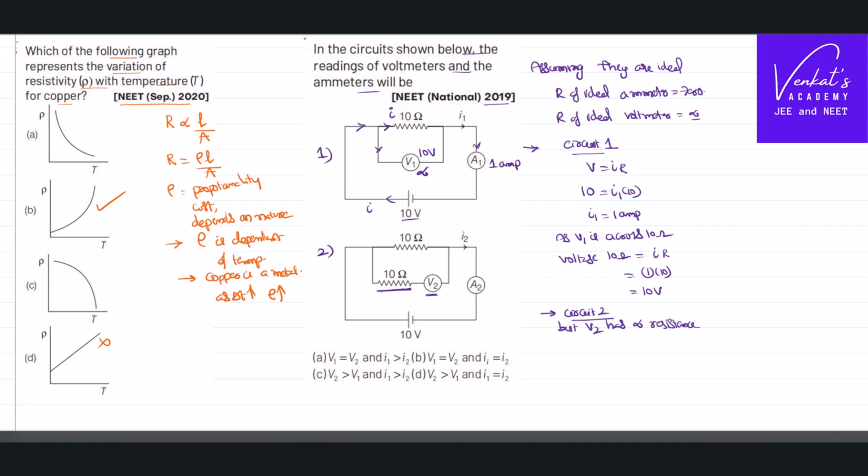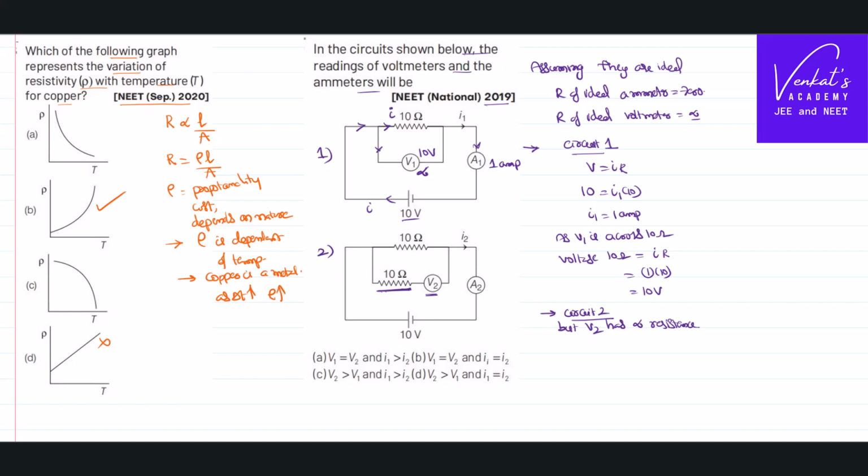So, adding 10 ohms or not is not going to make any difference. So, you can redraw that circuit as 10 ohms and V2 is 10 volts. I am simply ignoring this 10 volts that is connected because it is connected in series with a voltmeter whose resistance is infinite. So, together this entire resistance becomes infinite.